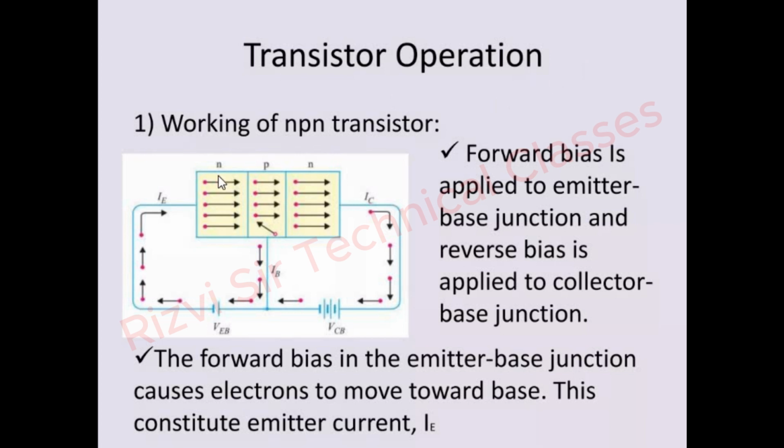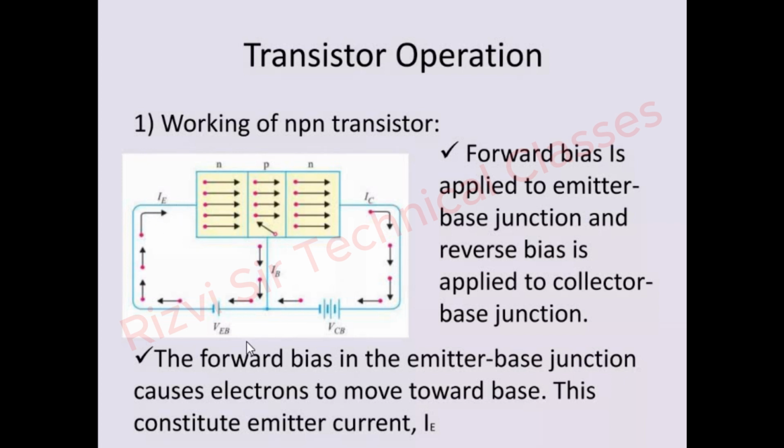Transistor operation. Working of PNP transistor. Forward bias is applied to emitter base junction and reverse bias is applied to collector base junction. The forward bias in the emitter base junction causes electrons to move towards base. This constitutes emitter current that we represent IE. You can see here IC, the collector current, here IB, the base current, and IE, the emitter current.